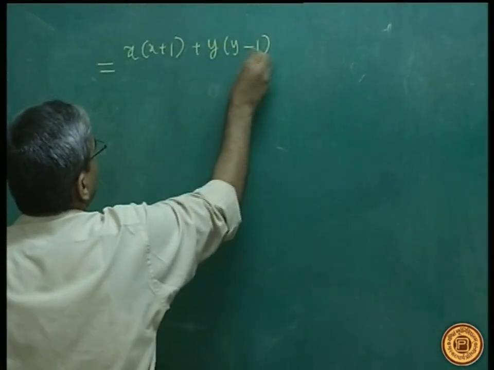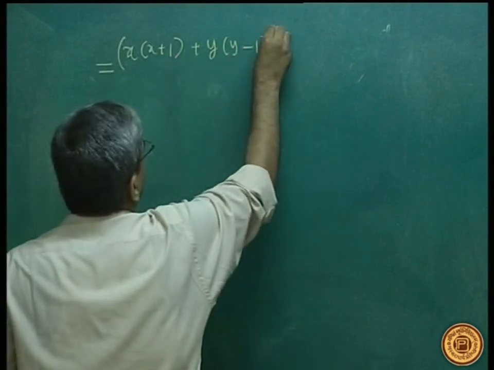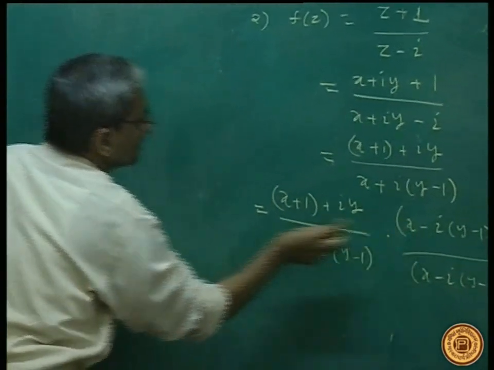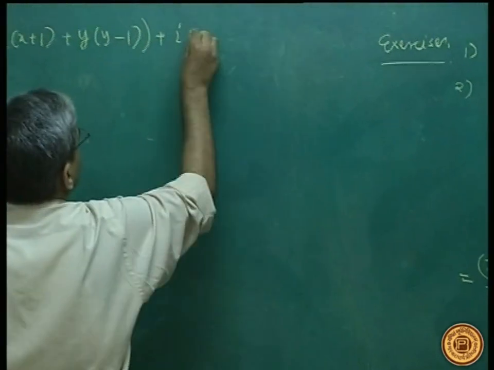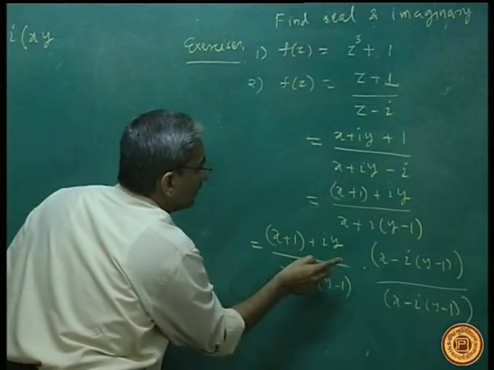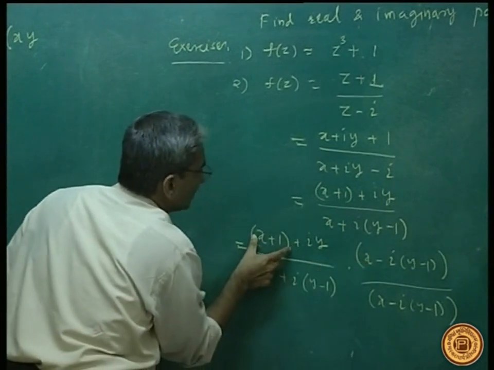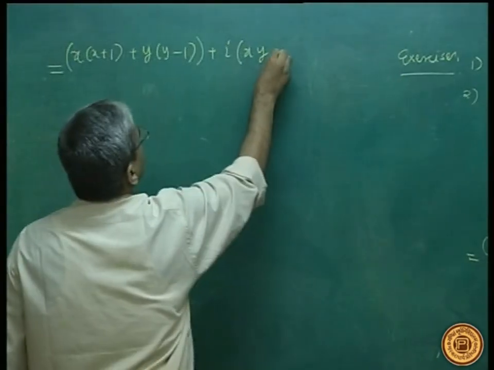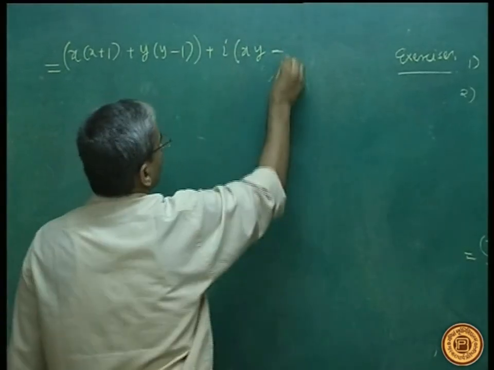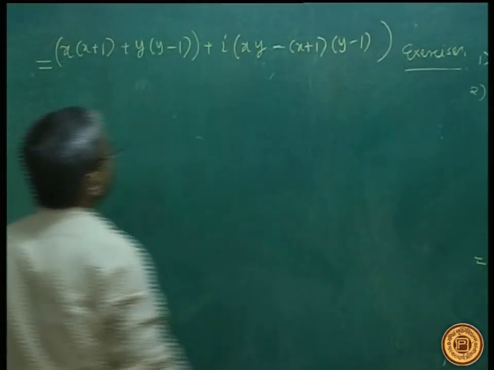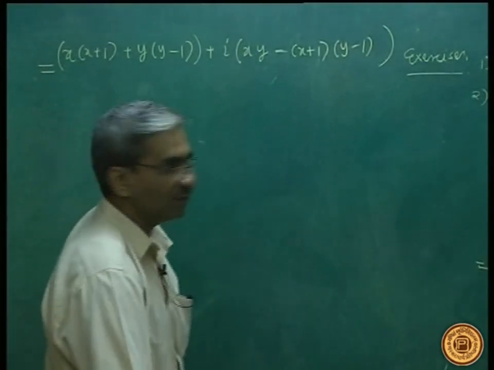So plus y into (y minus 1), plus i times xy and minus (x plus 1) into (y minus 1). So this is the multiplication in the numerator.